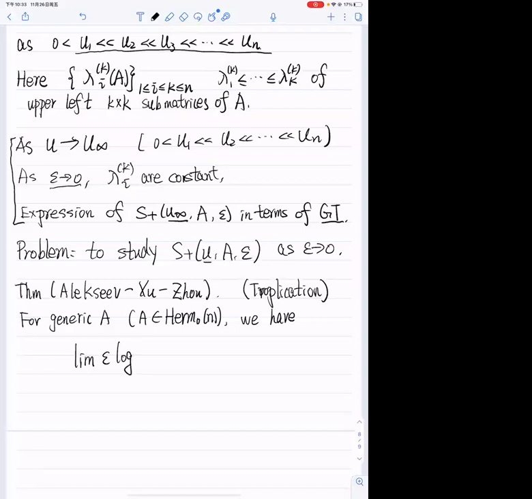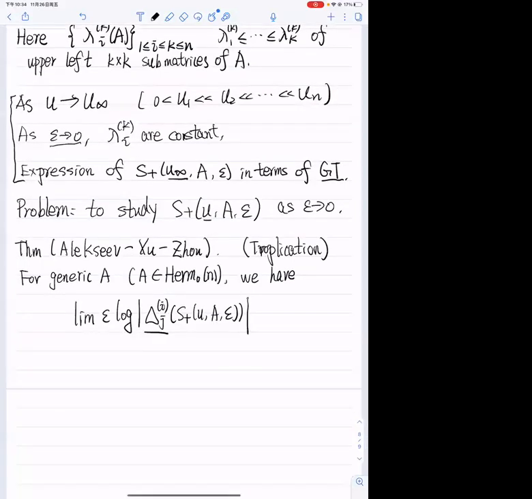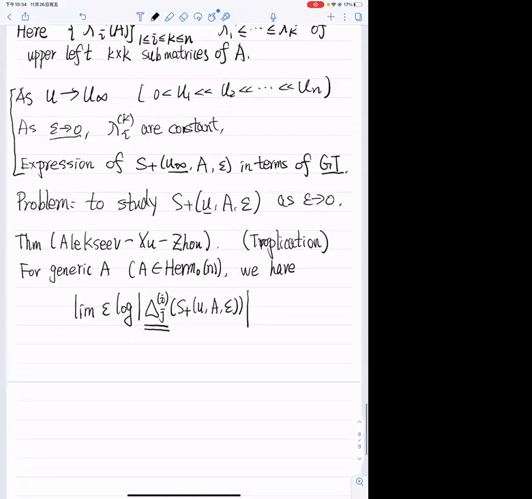This expression takes the leading asymptotics. By the way, should I define these coordinates on upper triangular matrices, this delta ij? I guess it was used in Anton and Jeremy's lecture, right? If you forget, the Stokes matrix S plus is an upper triangular matrix.